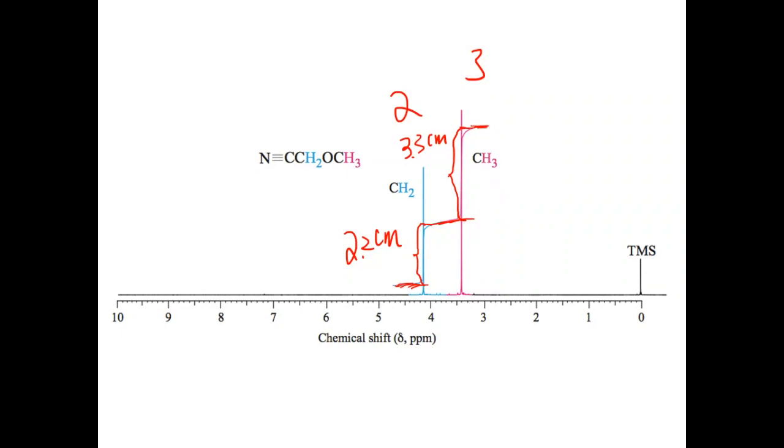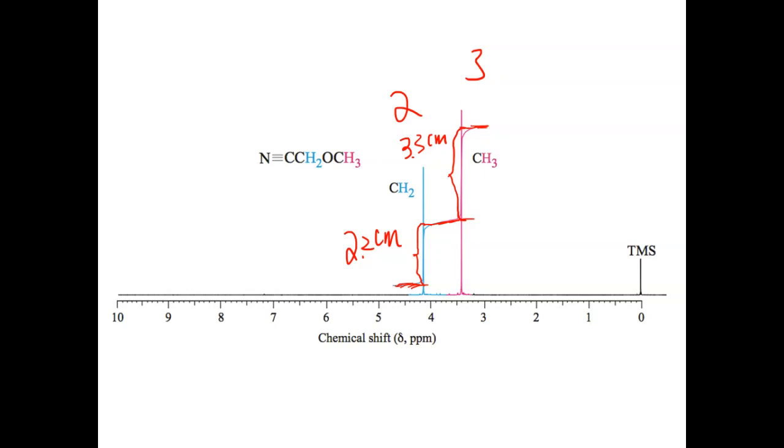I will just tell you the blue peak is 2 and the red peak is 3. That means the ratio of the blue peak to the red peak must be 2/3.